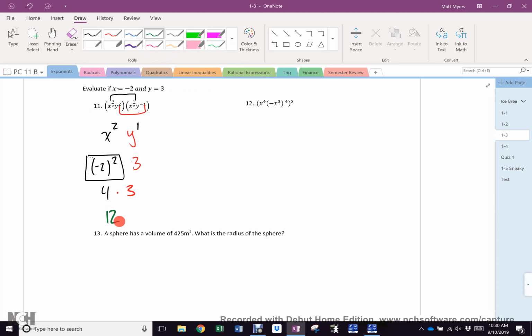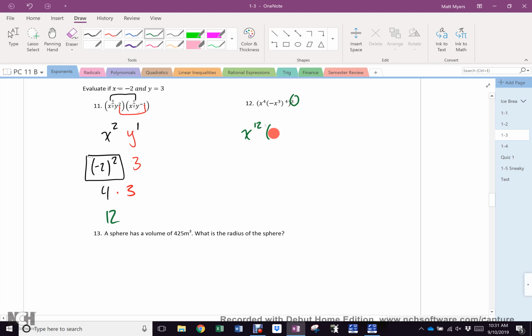Number 12 is scarier. Is it simplifiable? Where would you start? Manrup, where would you start? You would deal with that guy first? Okay, so you'd have x to the what? 12th.